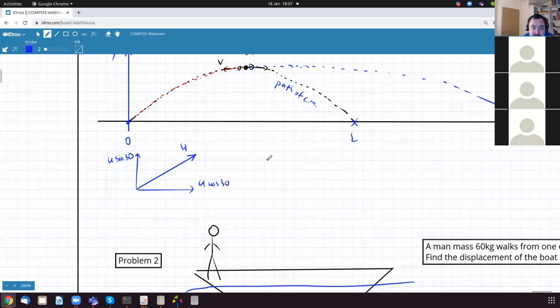To find the time of flight, we write a suvat for the vertical motion. So t is what we're looking for. Acceleration is minus g. Final velocity we don't know, and we don't actually need it. Initial velocity is half u, or u sine 30.